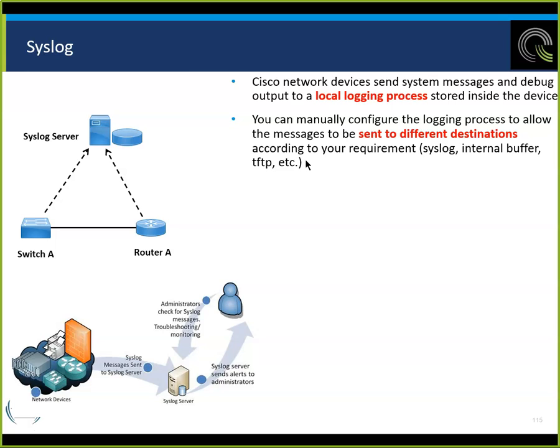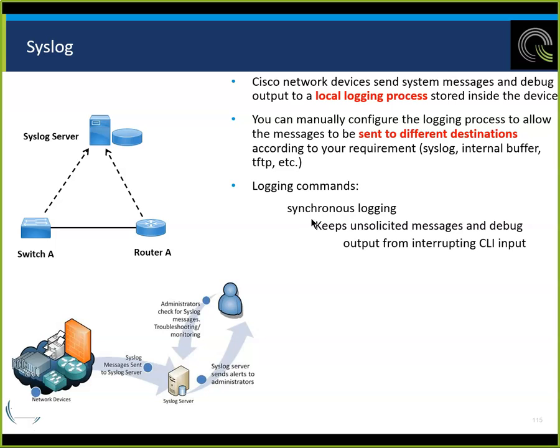Manually configure the logging process to allow the message to be sent to a different destination: syslog, internal buffer, TFTP, wherever we need it to go. The logging commands. And logging synchronous, again, is one of those things that may not have happened to you, but it's happened to me a lot of times. If you don't have it configured, you do the Control Z, it takes a few seconds, and then you start on your next command.